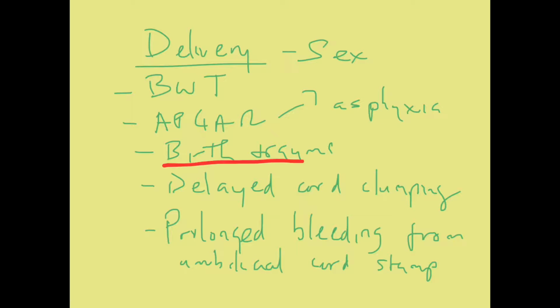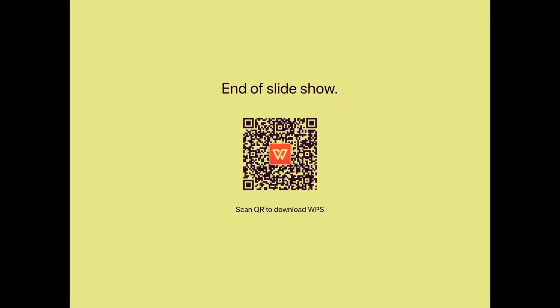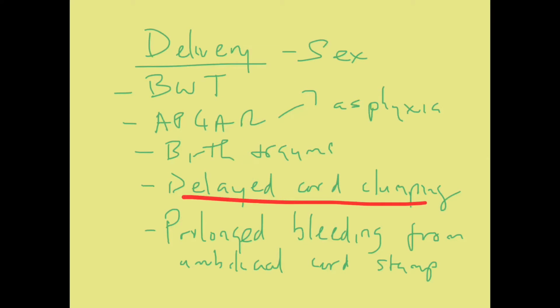Then also ask about birth trauma, which can cause edema maybe on the head or on one side of the body. And of course, we talk of delayed cord clamping, which means that we are allowing blood to flow from the placenta to the baby.